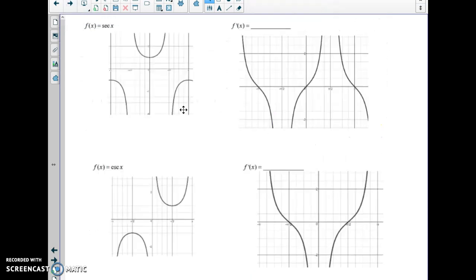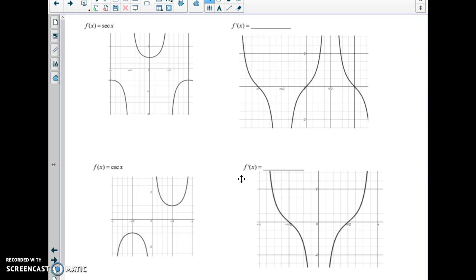Okay, the next two are a little bit trickier to figure out. If you look right below them, you will see you have some choices to help fill in. We already did secant squared and negative cosecant squared. Those are at the bottom, right below your graphs on your paper. So we have two choices for the ones that are left over here.